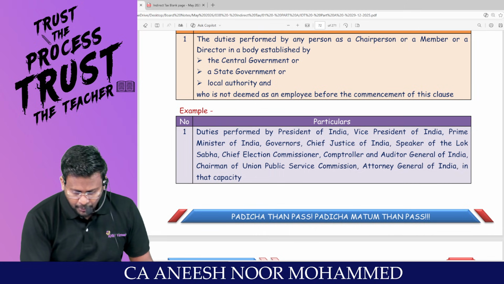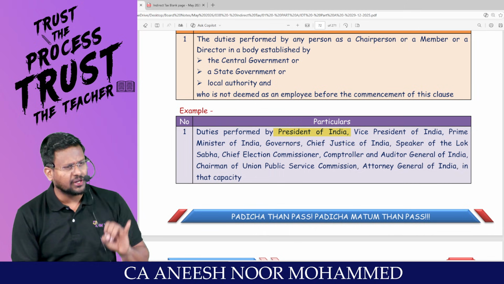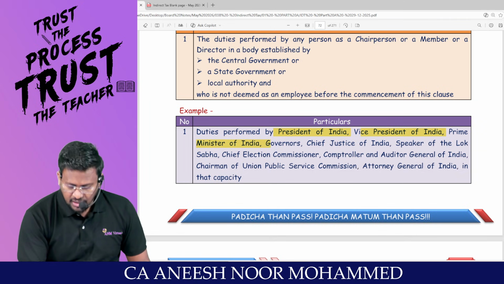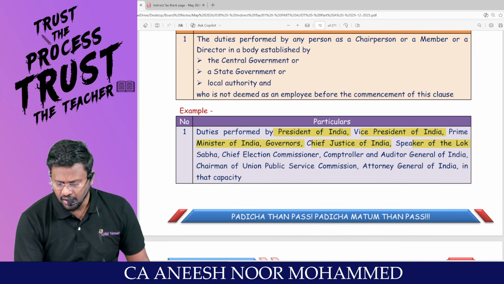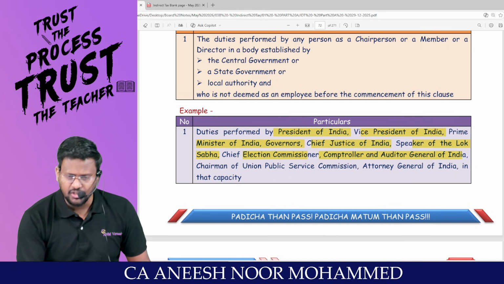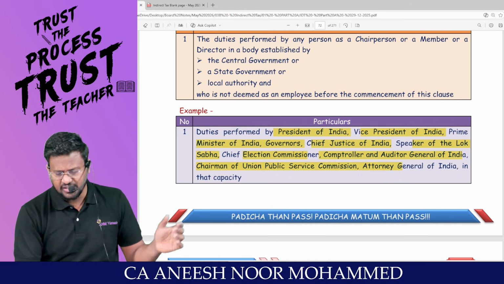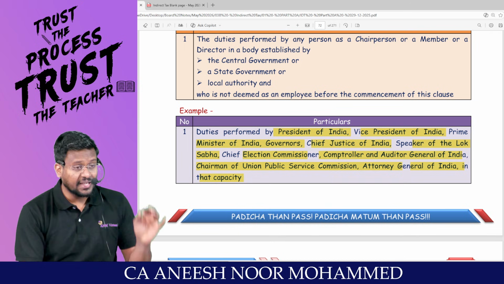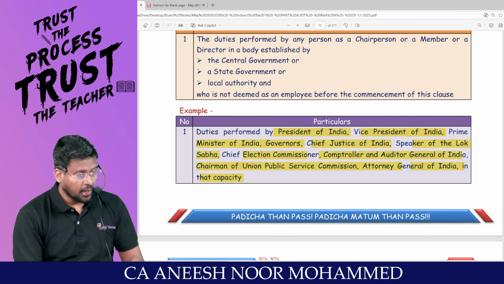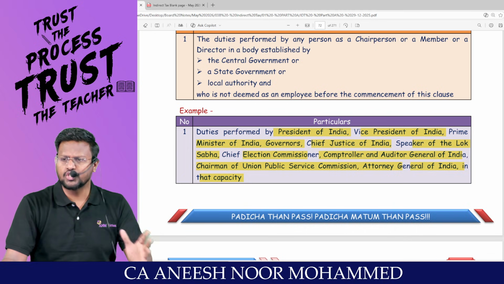Look here: duties performed by the President of India, Vice President of India, Prime Minister of India, Governors, Chief Justice of India, Speaker of Lok Sabha, Chief Election Commissioner, Comptroller and Auditor General of India, Chairman of UPSC, Attorney General of India. In that capacity, these people are holding the position because of the Constitution of India.